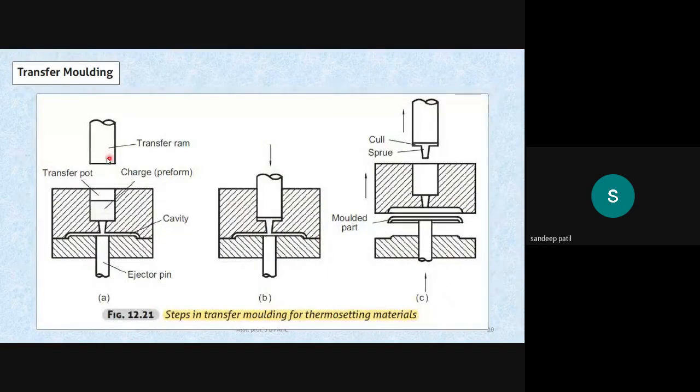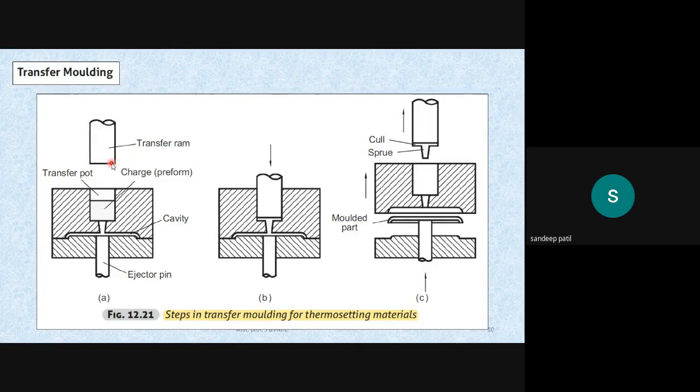So let us see in this figure the steps in transfer molding for thermosetting materials. This is the transfer ram, and the transfer pot where we put all the charge or preform. Preform means this particular charge, the granules of the plastic, is heated and compressed in another section.